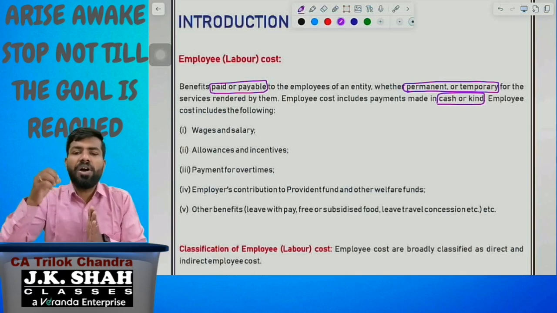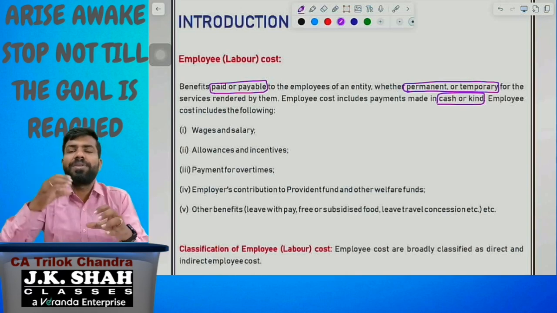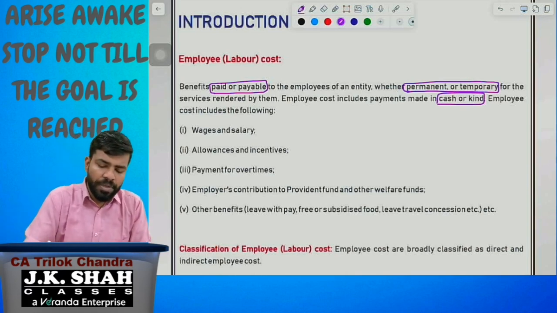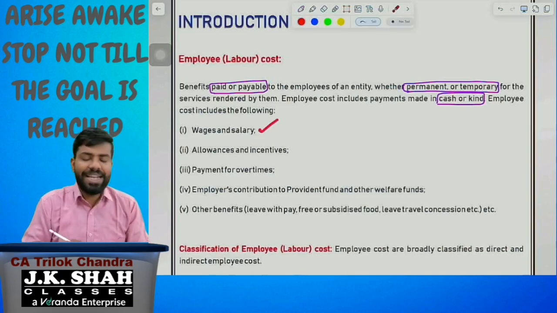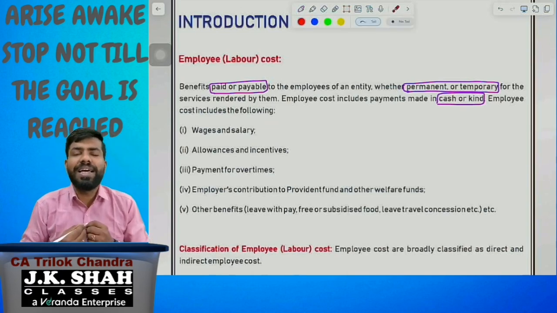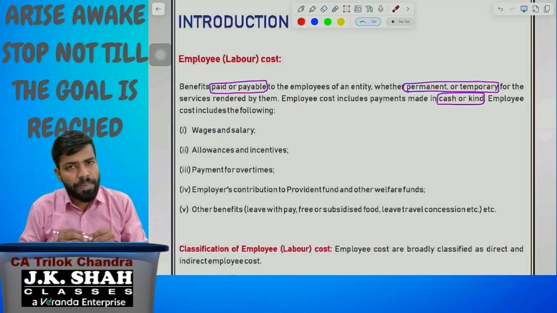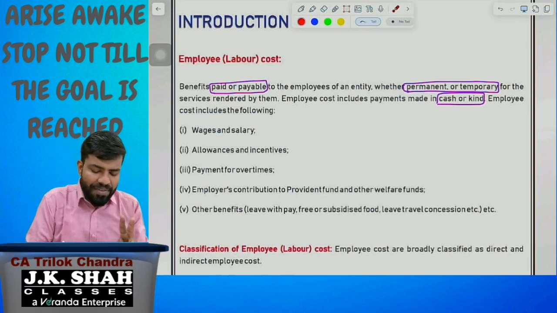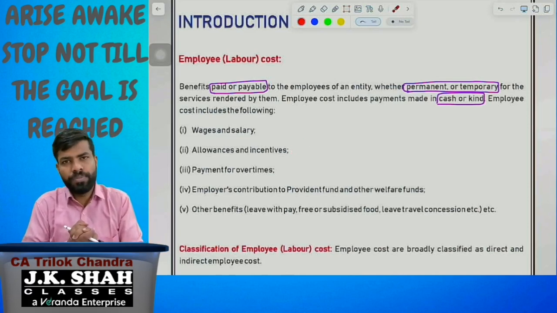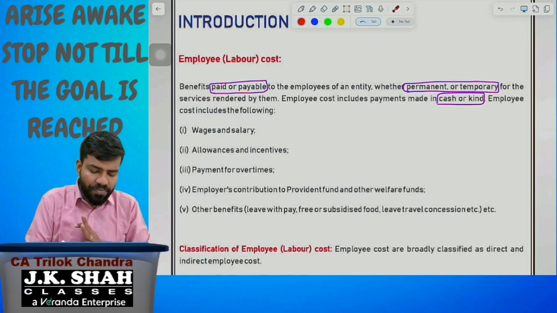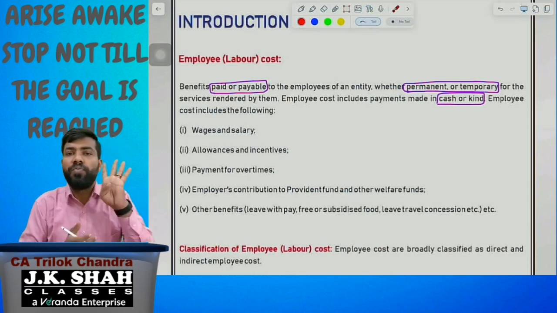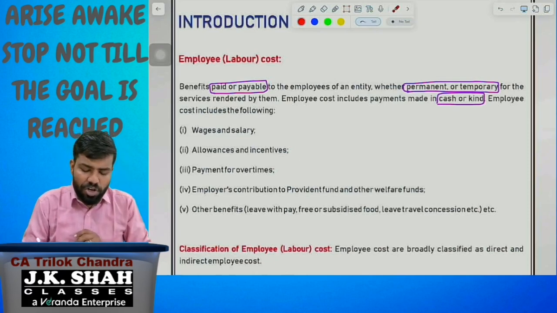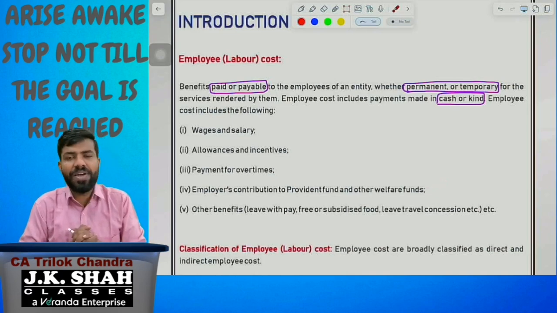Now, what comes under employee cost? Number one, wages and salaries. All the wages and salaries that we pay form part of the employee cost. Second, allowances and incentives. Third, payment for overtime. Fourth, employer's contribution to provident fund and other welfare funds.